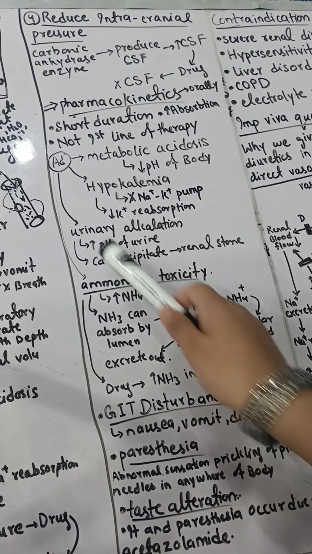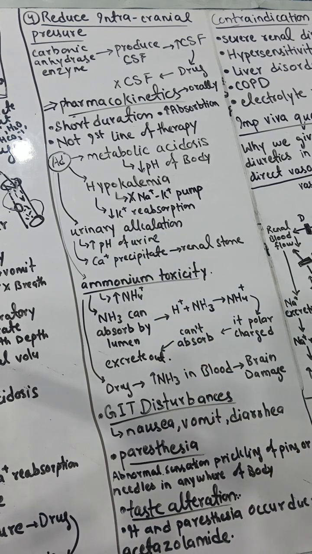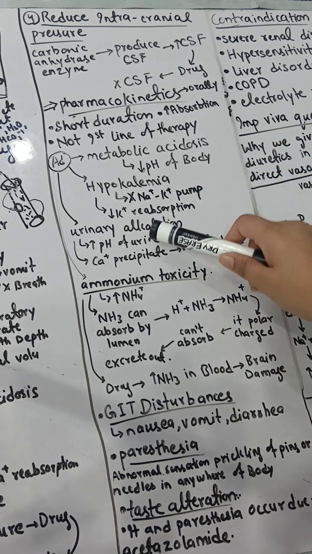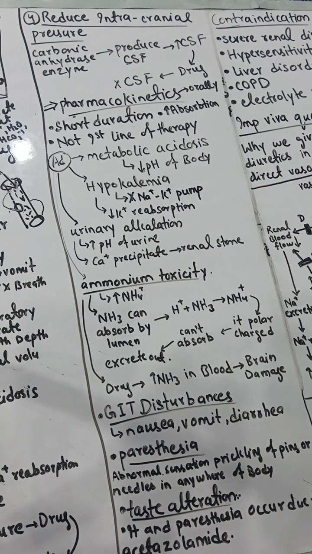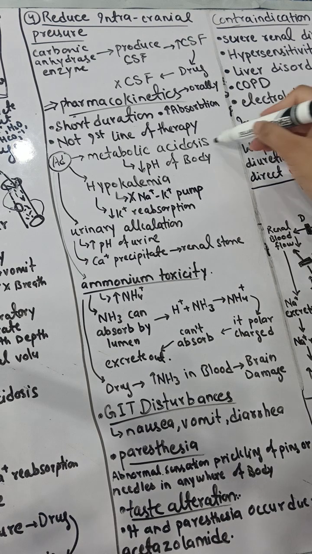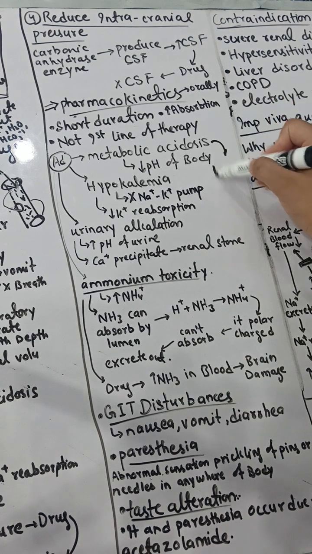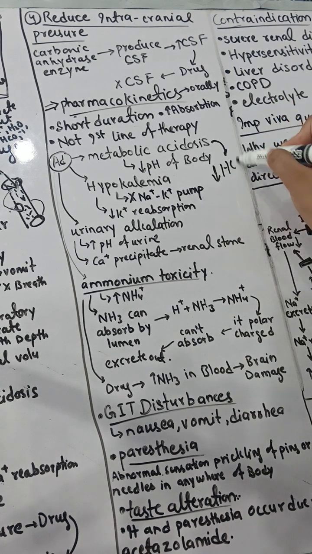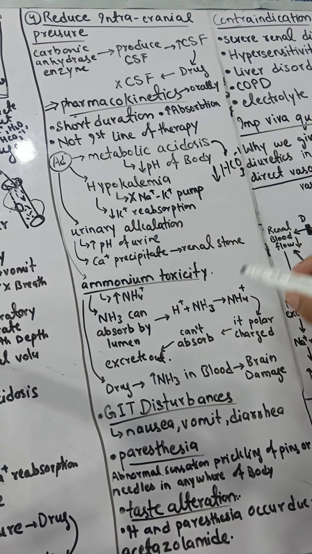Next, they can cause urinary alkalinization. Urinary means your urine. Alkalinization means an increase in the pH of urine. So they are decreasing the pH of your body, no doubt, but increasing the pH of urine. Why? Because metabolic acidosis occurs because of a decrease in HCO3 negative, the bicarbonate ion.